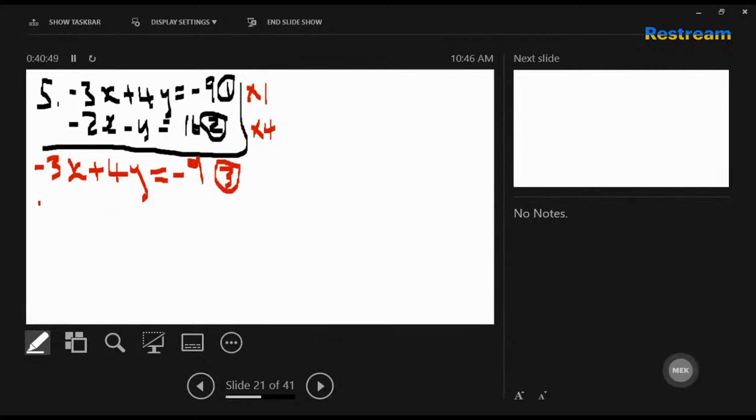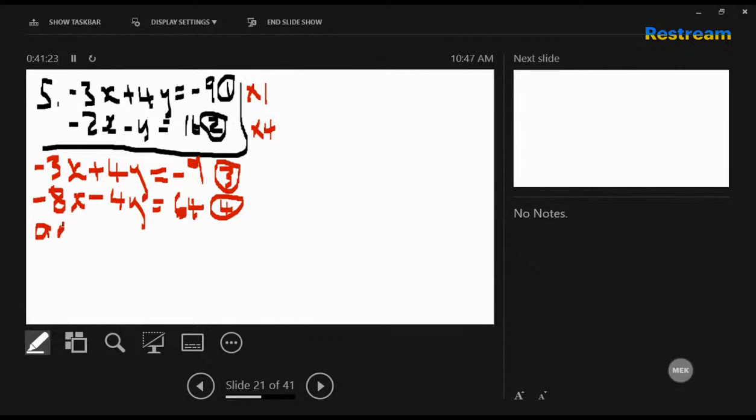Equation 2 will become, I'm multiplying each of them by 4, 4 times 16 is 64. So these are my new terms. So now we have achieved our objective of same coefficient, signs different. One is positive, one is negative.